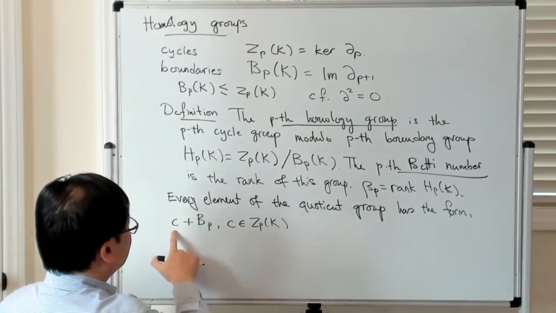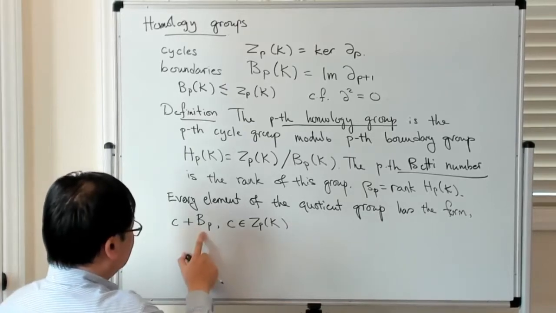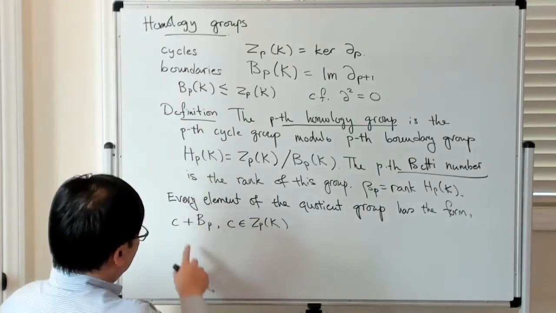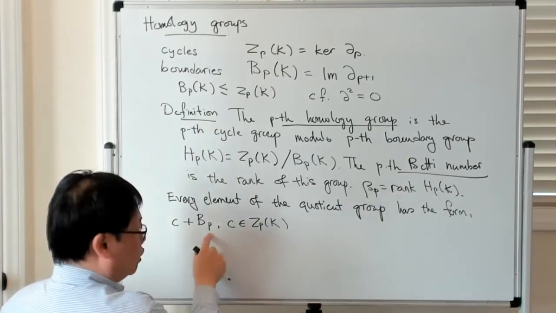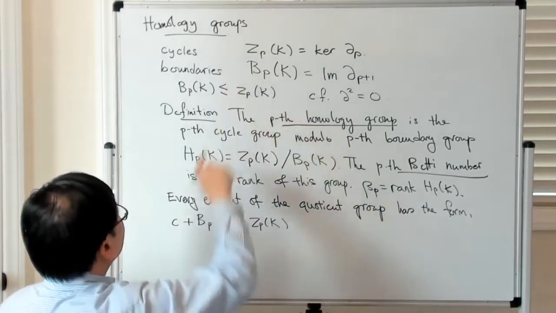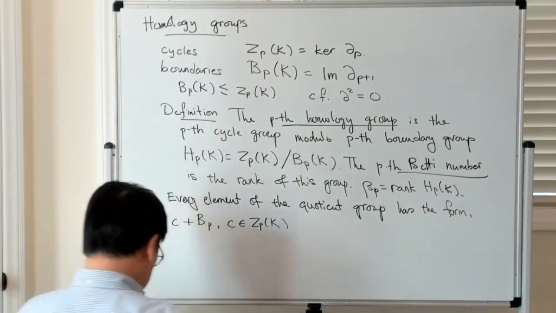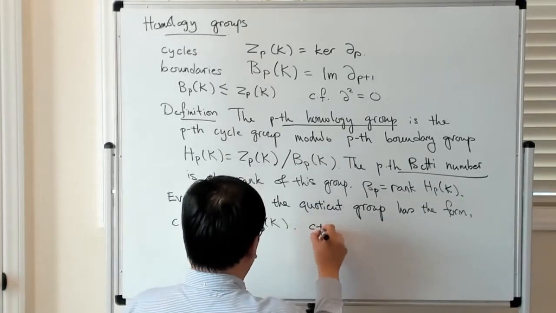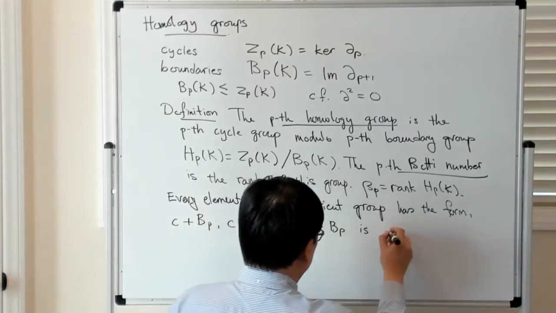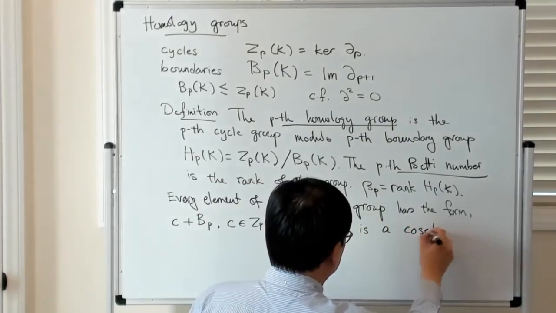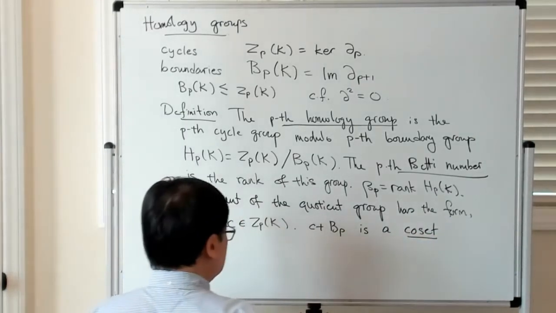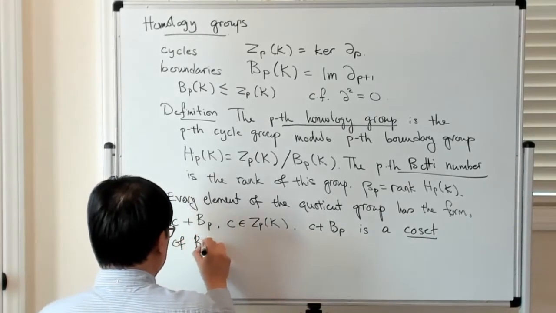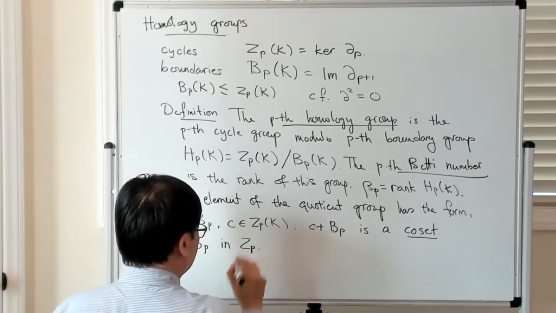Basically, you take a cycle and add to it the entire set of boundaries. You think of this as what is called a coset. We say C plus B_P is a coset of B_P in Z_P.